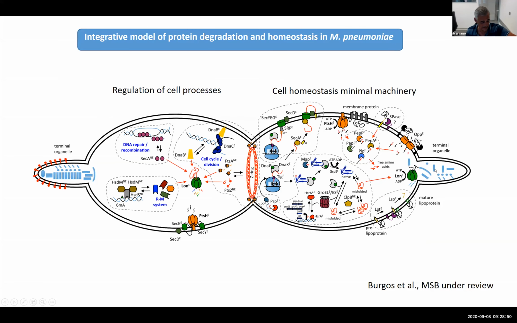So at the end of the day, and just to simplify, we have this kind of overall picture of the whole protein homeostasis of this bacteria, which is very simple. On one hand, we have regulation of cell processes by Lon. And Lon levels only change in heat shock, but as I told you, you can regulate the expression of this protein just by having other proteins binding to them and preventing interaction with Lon. FtsH degrades wrongly folded proteins or regulates the half-life of membrane proteins.